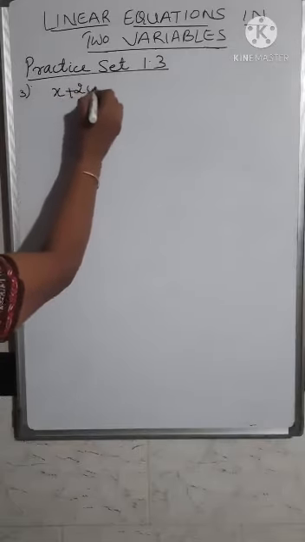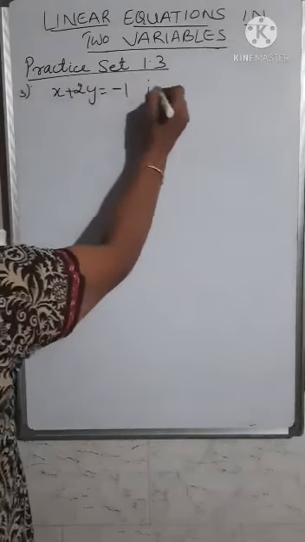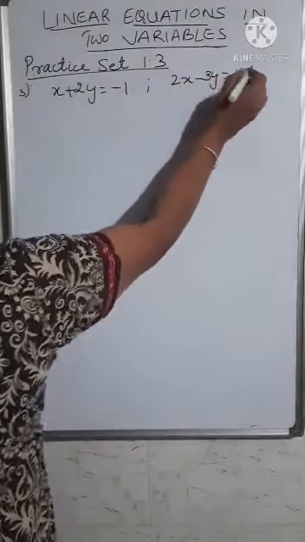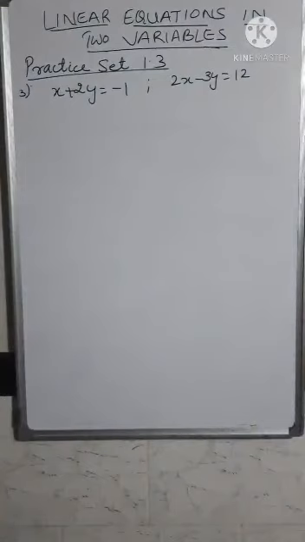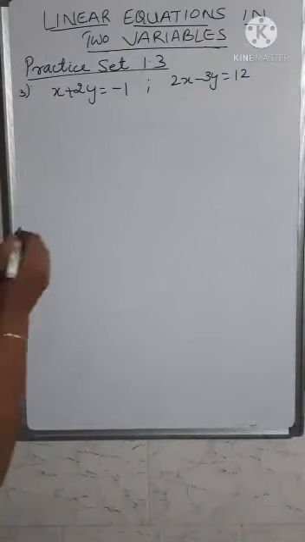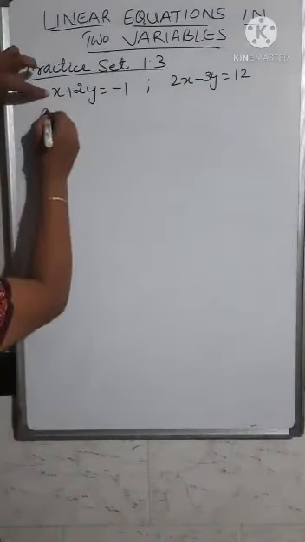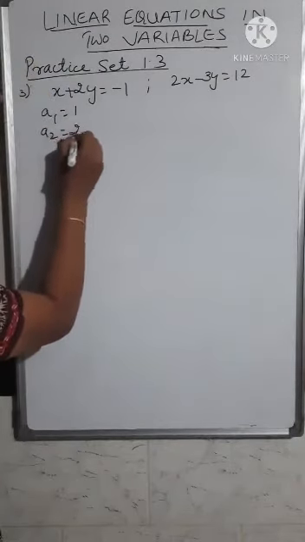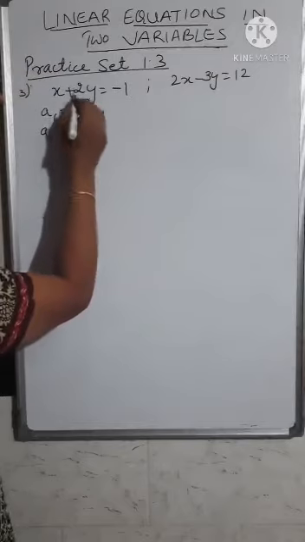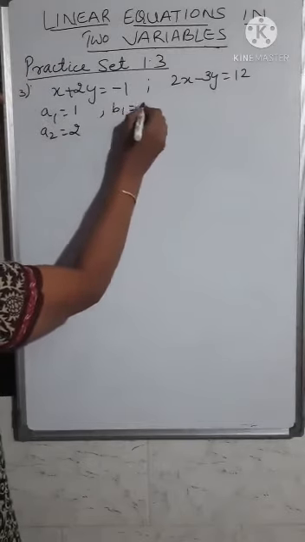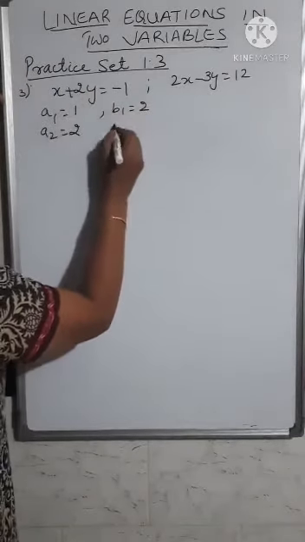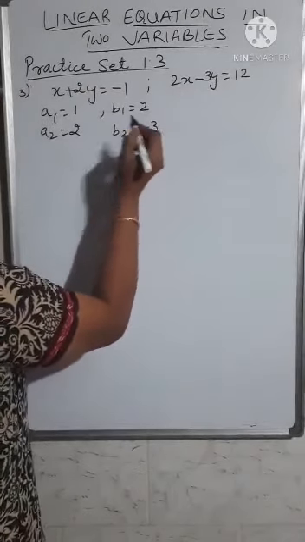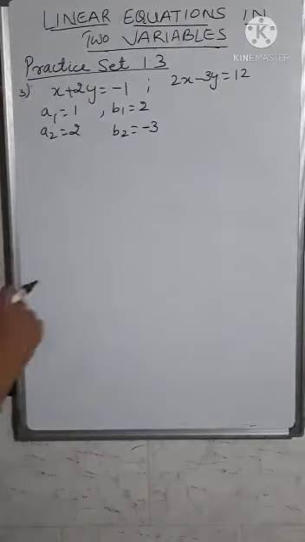X plus 2y is equal to minus 1, 2x minus 3y equal to 12. So this you have to work it out by using the Cramer's rule. So here coefficient here is 1, a2 is 2, then b1 is equal to 2 and b2 is equal to, along with the sign you have to take, so you will get it as b2 as minus 3.